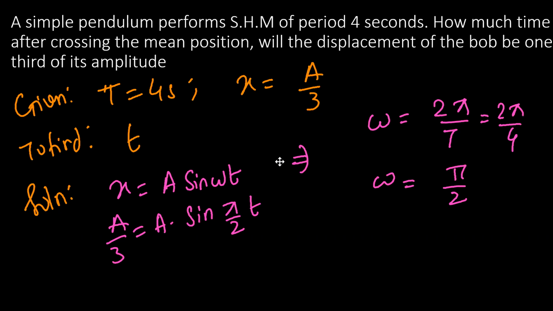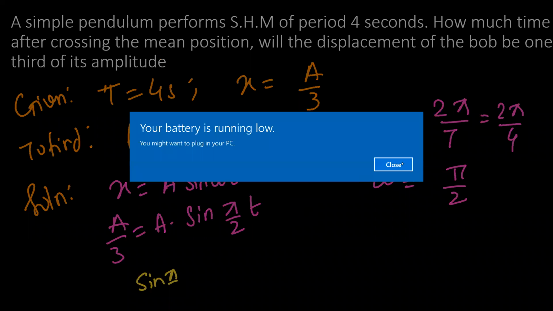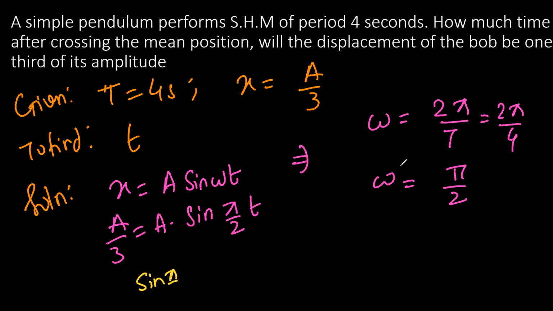A again cancels. So sin pi by 2 t. Okay? Just write it. So sin pi by 2 t.